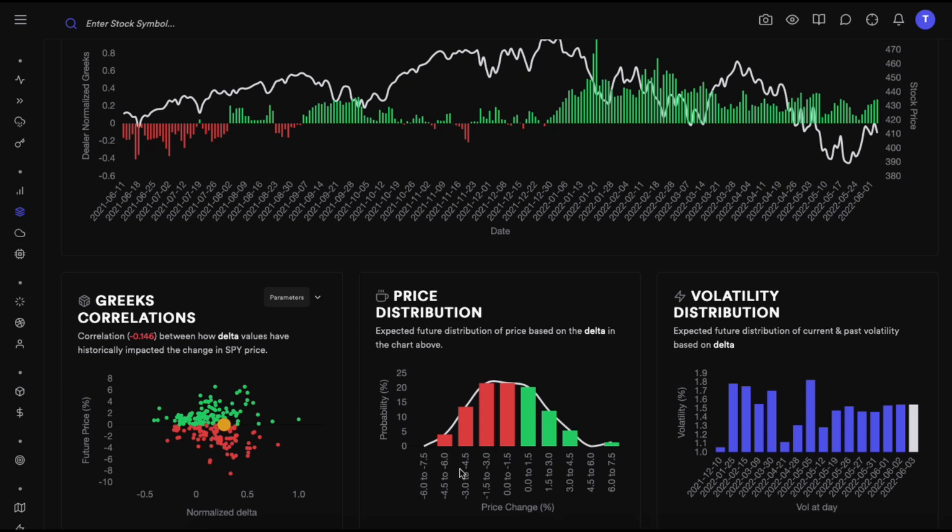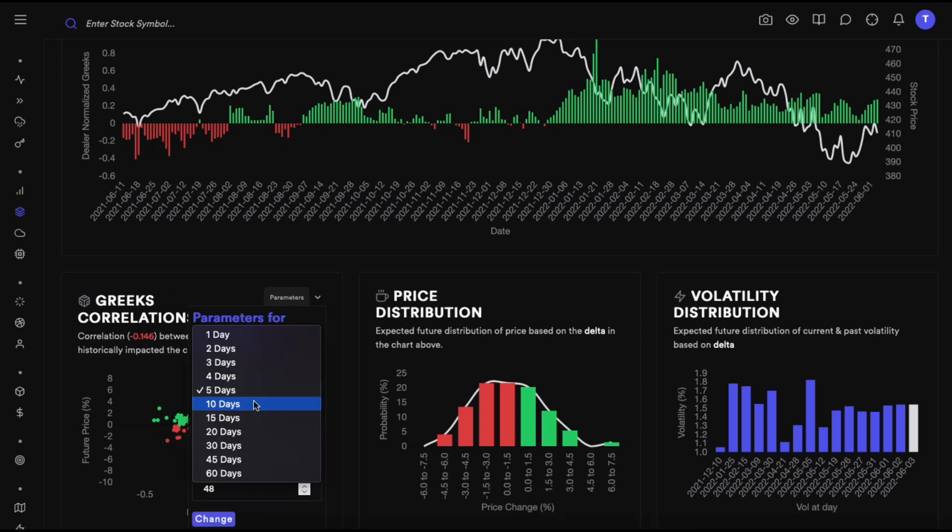Retail does not need to read every single book on volatility, on Vanna, on charm, on gamma. I have tried to read all those books, and I've tried to dumb it down in a way where it's easy for me to understand, easy for everyone else to understand, and we can get some distributions of what the price might do in the next couple of days.